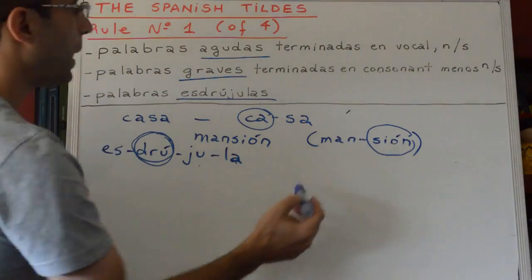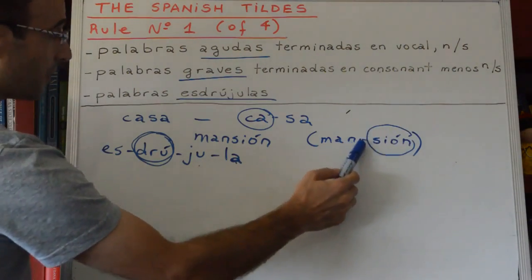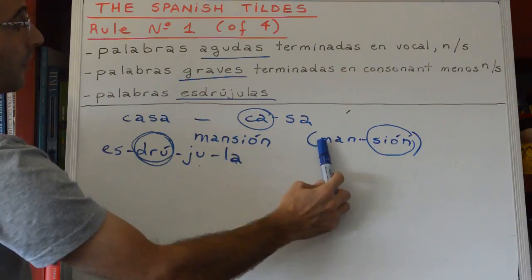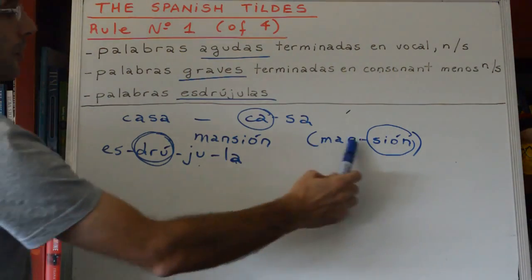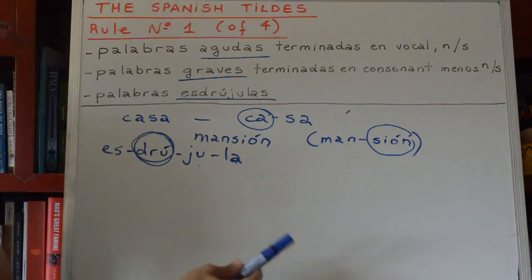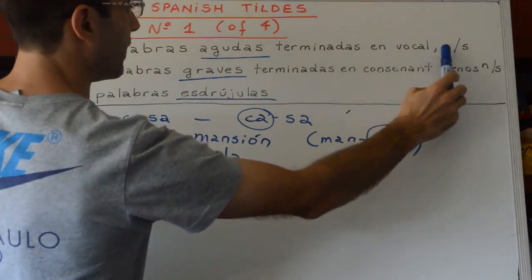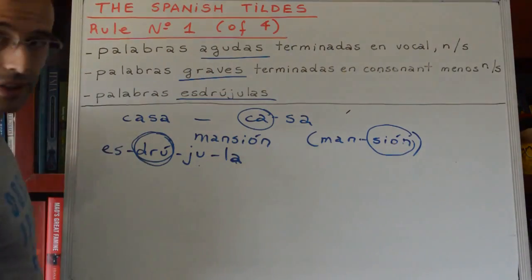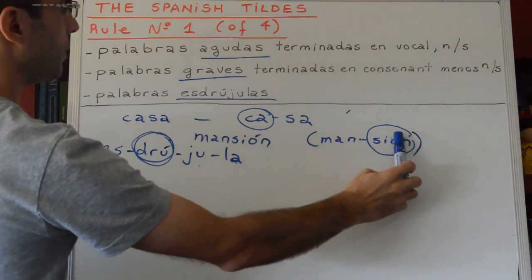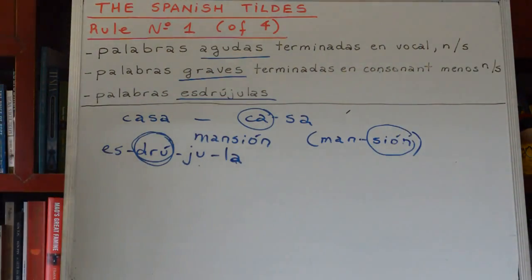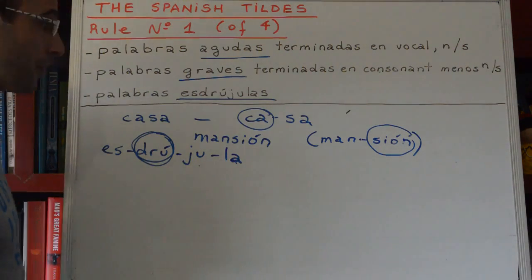So in this case, we have seen this is aguda, right? The accent is in the last syllable, sión. Does the rule apply? Yes. It's aguda ending in a letter N, right? So it carries a tilde in the vowel that is accentuated. Okay?